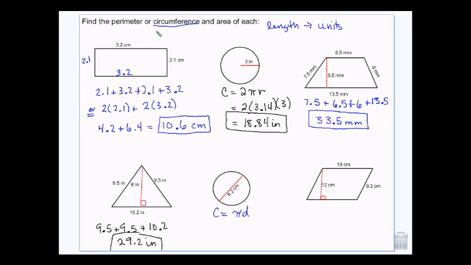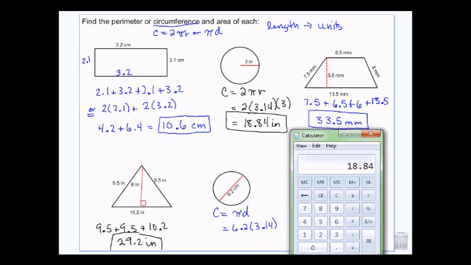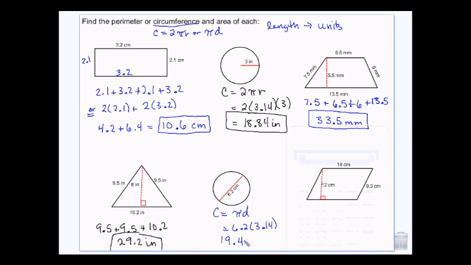So circumference is either 2 pi r, or you can use pi d. So that's going to be 6.2 times 3.14. 19.468. I'm just going to say 19.47 centimeters.